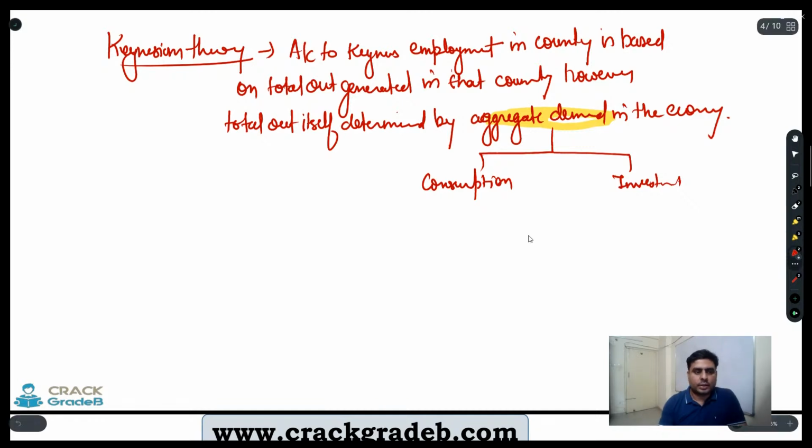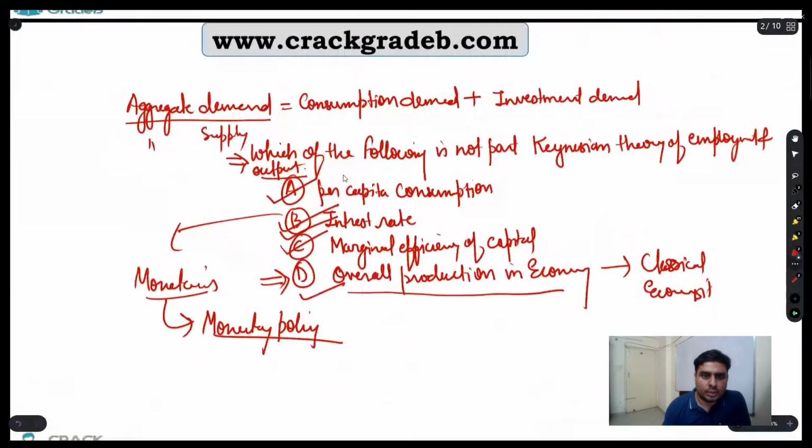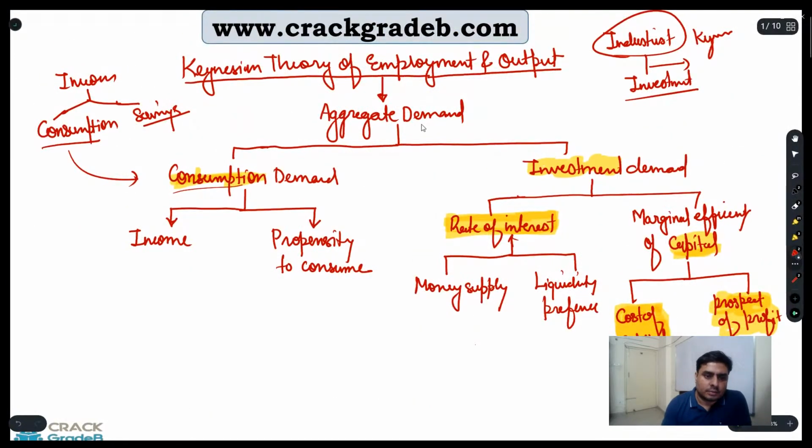Okay, if sound is okay, so what I was telling you is that in the Keynesian theory, aggregate demand is basically based on what? Consumption and investment, which I explained to you in detail. Aggregate demand in terms of consumption demand, investment demand, income, propensity to consume, rate of interest, marginal efficiency of capital, money supply, liquidity. All these things I already explained to you, right?